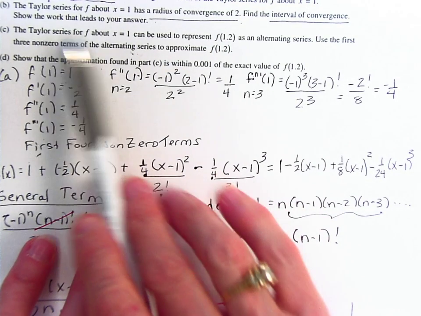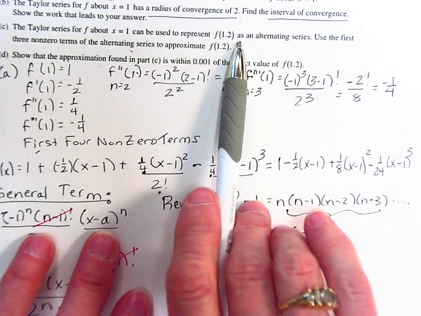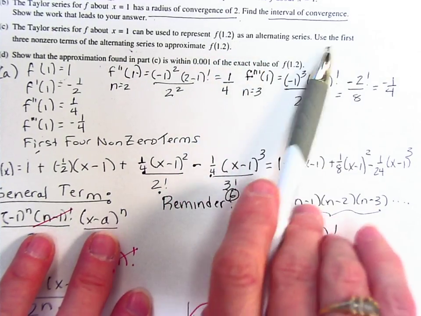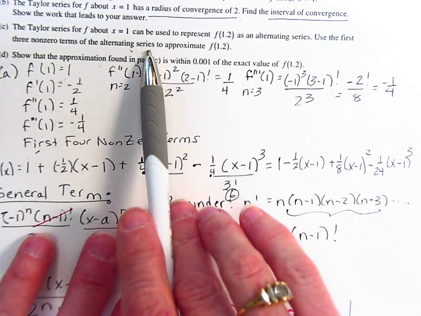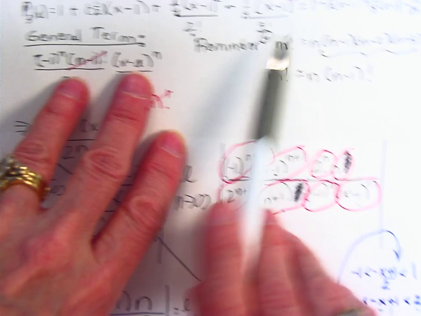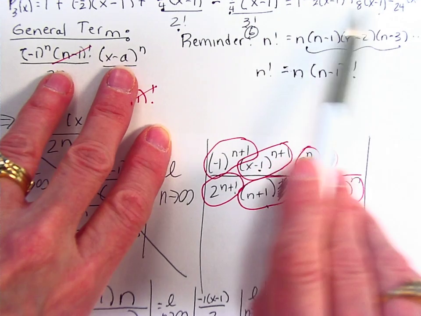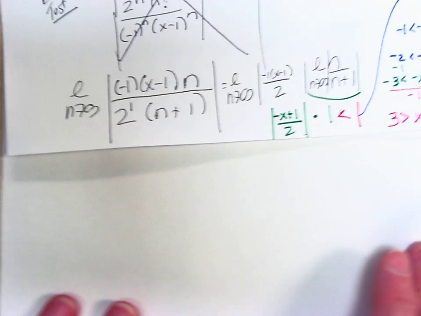All right, the Taylor series for f about x equals 1 can be used to represent f of 1.2 as an alternating series. Use the first three non-zero terms of the alternating series to approximate f of 1.2. So all they want you to do is take these first three terms and plug in 1.2 for x. That's it. So it's a lot of words for something that's actually pretty easy.